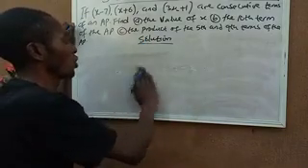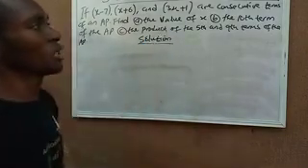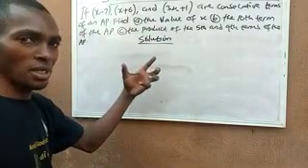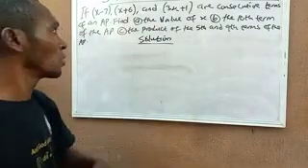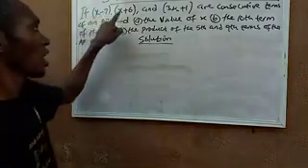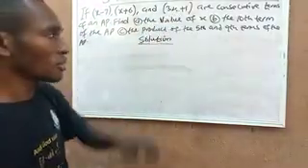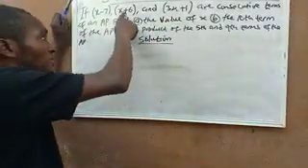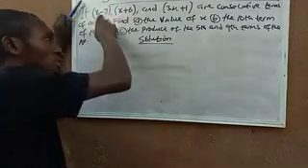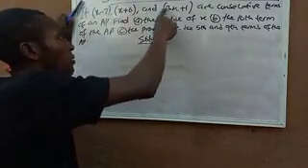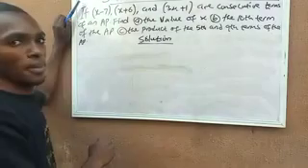And mind you, the question says that they are consecutive terms, meaning they have a regular pattern, the same pattern of generation. Now, this is our first term, our second term, and our third term. What we're going to do is say the second term minus the first term equals the third term minus the second term.